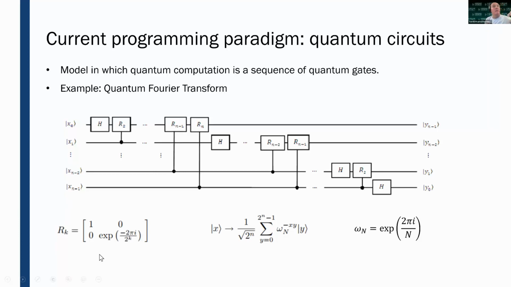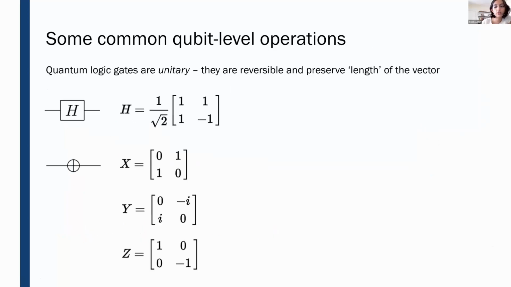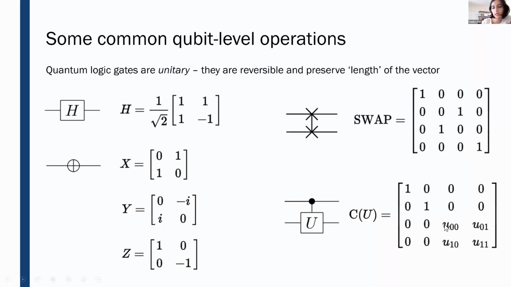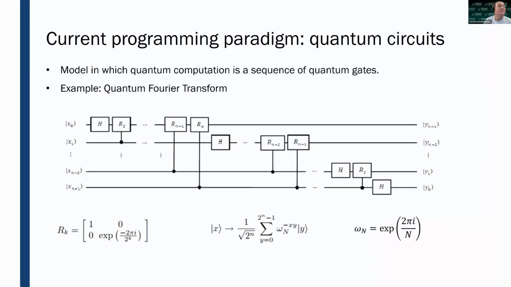But if that was a controlled Z rotation, then that 2 by 2 would be the bottom right 2 by 2 of a 4 by 4 because it's a control. Yes, exactly. Right? So if we go back to here, you would just replace that over here. Okay. Right. Thank you. Just confirming.